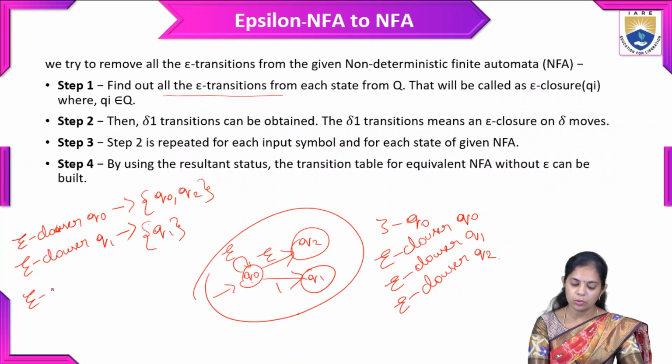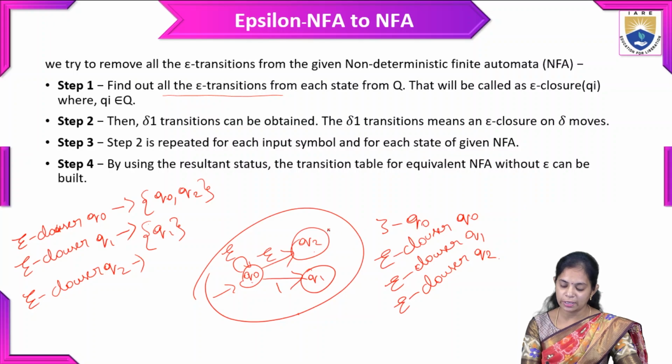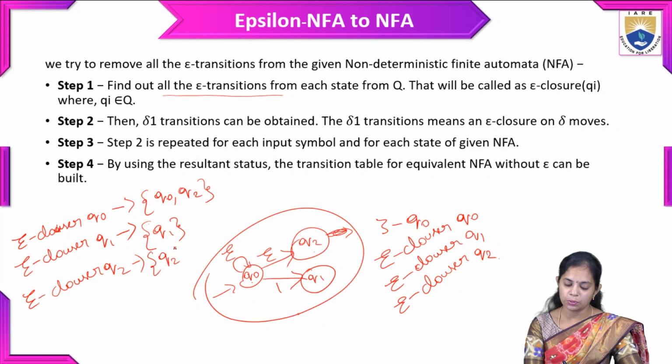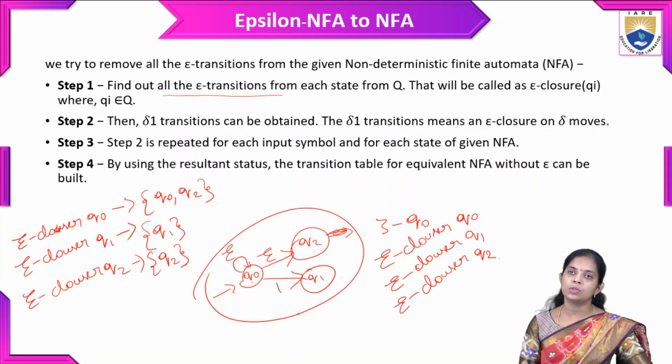Epsilon closure of Q2: it does not have any epsilon moves, so it has itself, which is Q2. Like this, we need to find the epsilon closure for every state of the given Epsilon NFA.